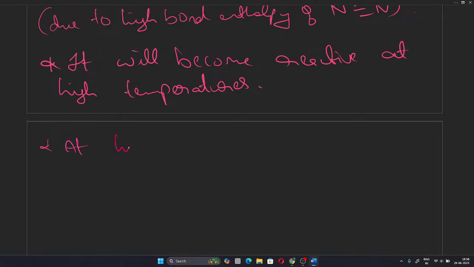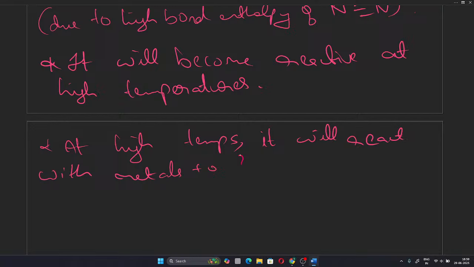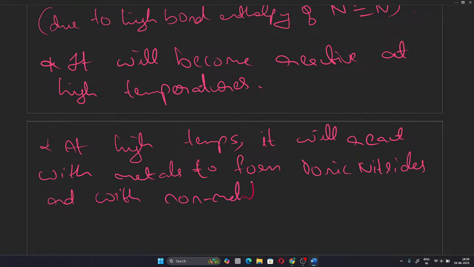At high temperatures, it will react with metals to form ionic nitrides and with non-metals to form covalent nitrides.